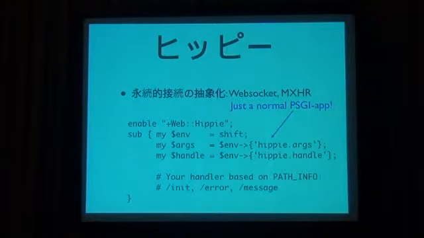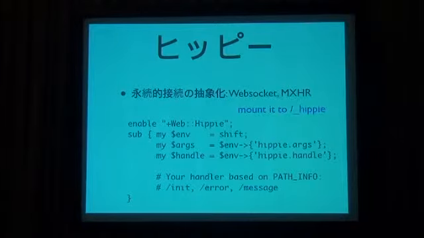So it's kind of a little bit weird abstraction, but it's just making use of existing PSGI semantics. And of course, you can also enable other middleware to handle stuff, which I haven't done, but it's possible. After you build this app, you just mount it to /_hippie, which is the default endpoint for the client-side library to connect to.